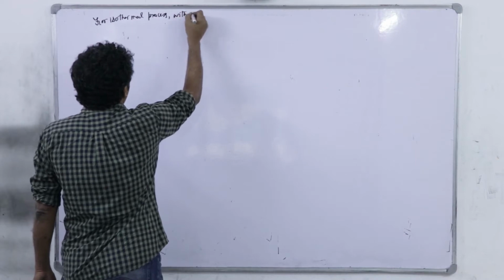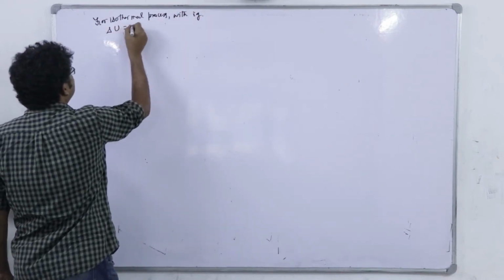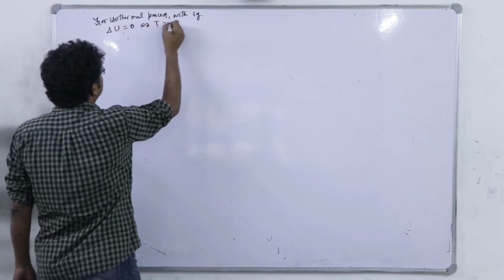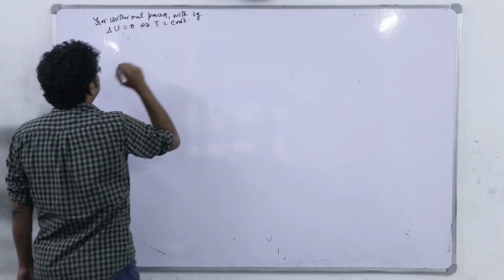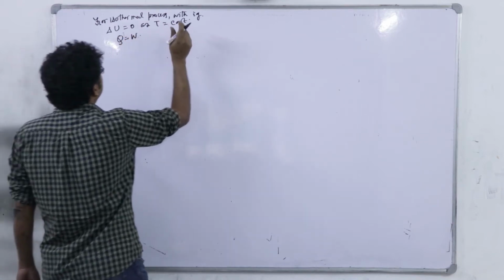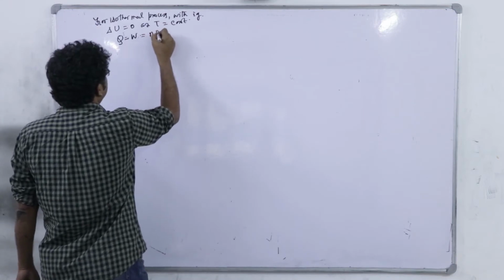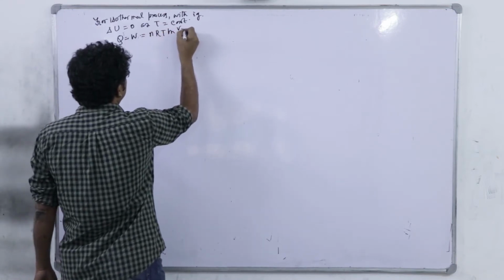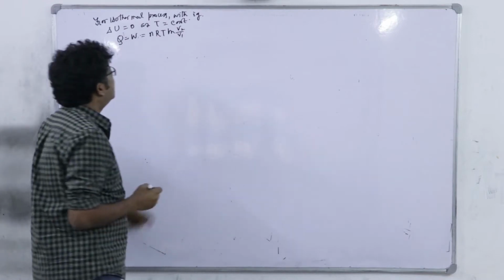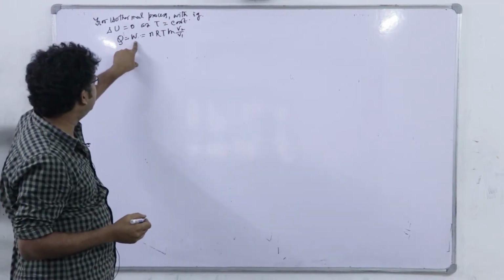With ideal gas, we have delta U equal to 0 as temperature is constant in isothermal process. So, Q is equal to W, right. So, whenever Q is equal to W, we can write it as nRT into ln of V2 by V1. So, the thing is, here heat absorbed is completely converted into work.